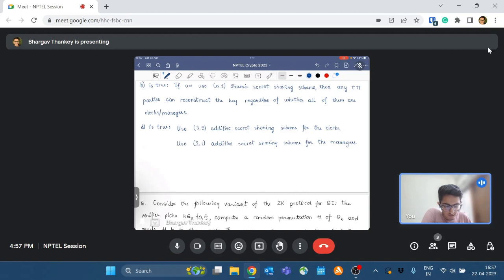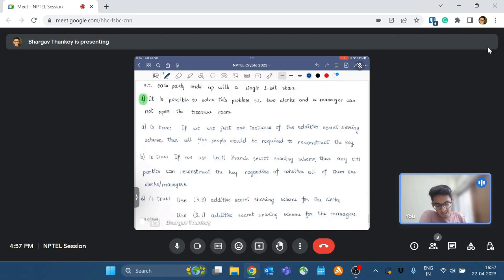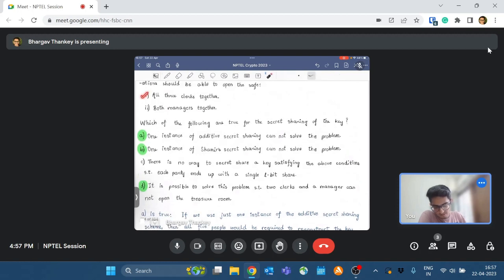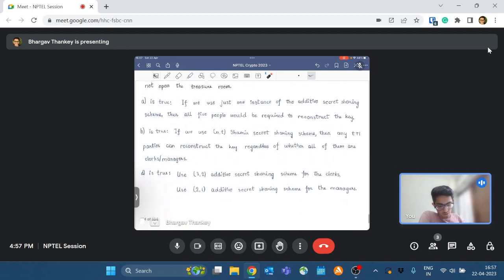Since we are using a 3, 2 additive secret sharing scheme for clerks, any two clerks cannot open the safe, but all three of them together can open the safe, satisfying this condition. And we are also using a 2, 1 additive secret sharing scheme for managers. So both managers together can open the safe, but any one manager cannot open the safe on their own. So both these are satisfied.